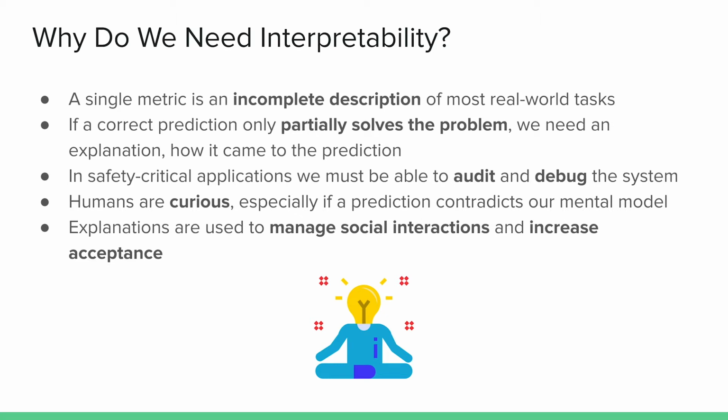It might be an incomplete description of most real-world cases and most real-world tasks that we are training our models to operate on. So the average performance, average precision, for example, for object detection is a good summary, but it doesn't capture all of the details.